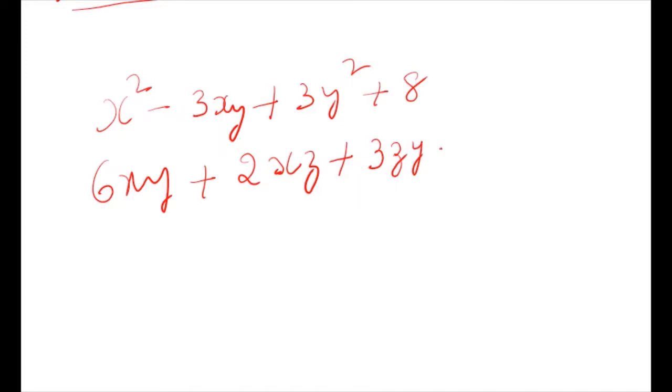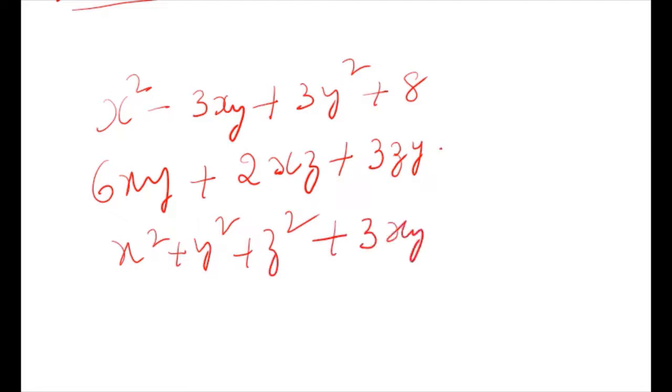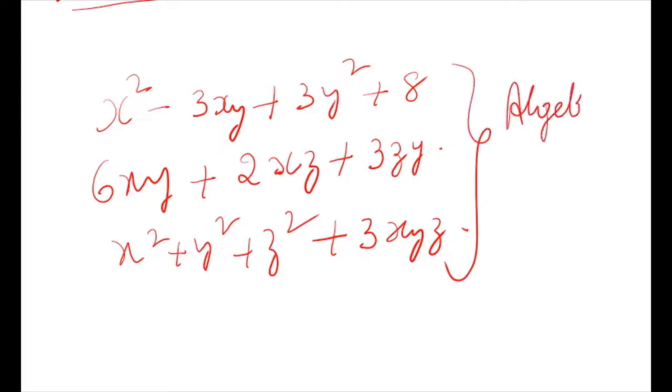These are all examples of algebraic expressions, or an algebraic expression of the form x square plus y square plus z square plus 3xyz is also an algebraic expression. So these are all called algebraic expressions.